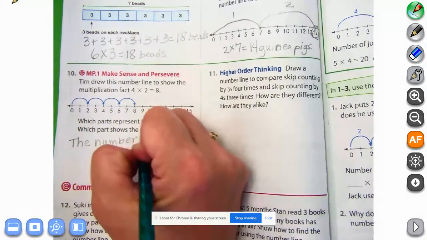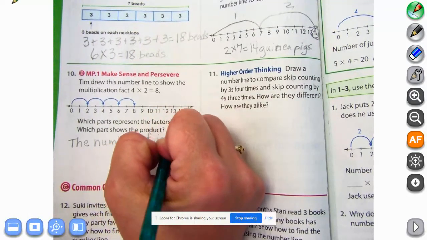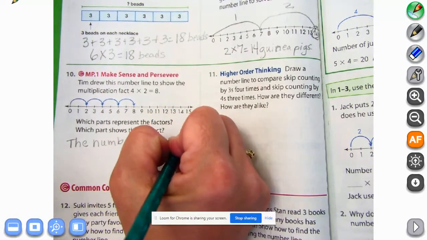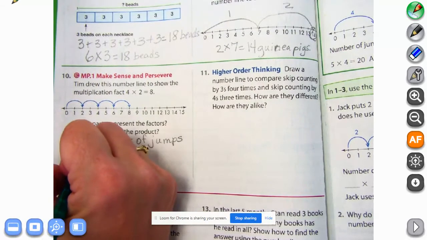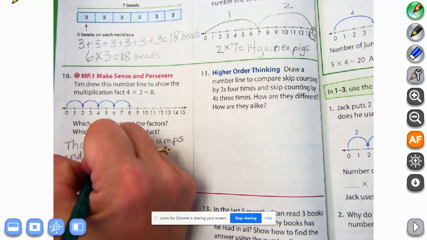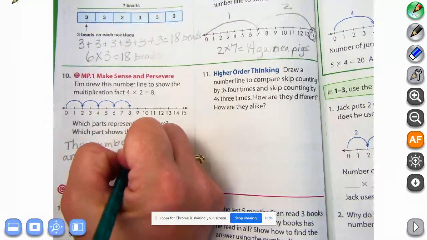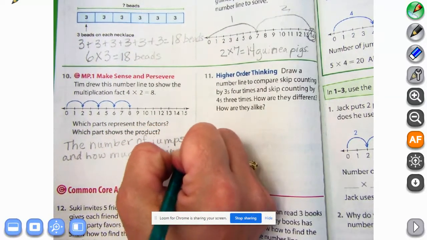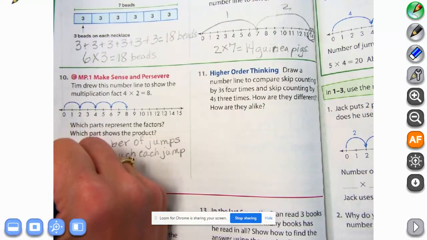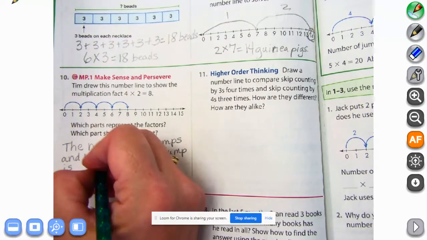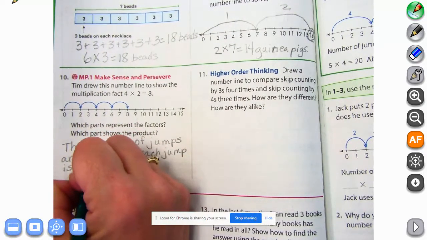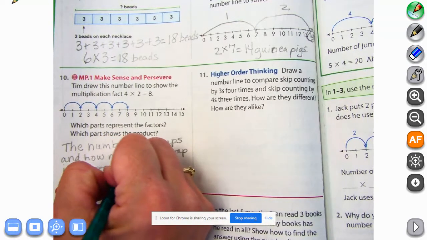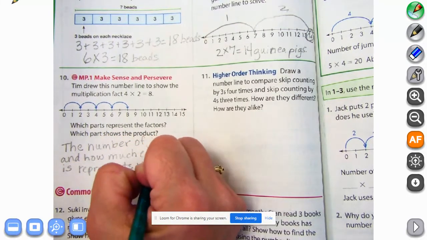The number of jumps and how much each jump is represents the factors.